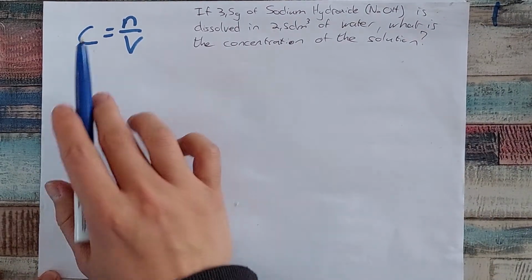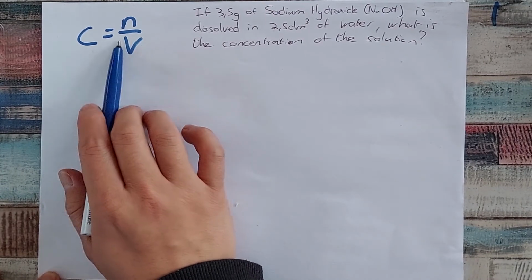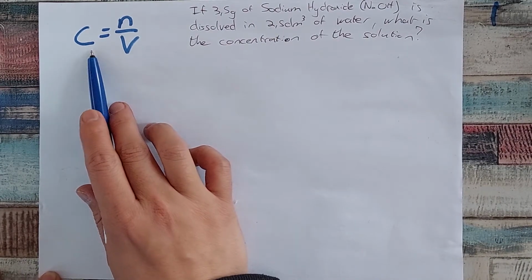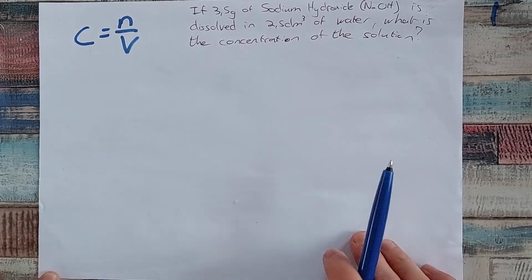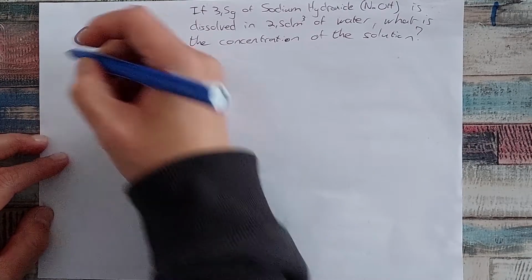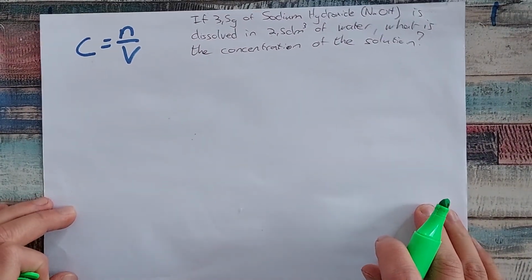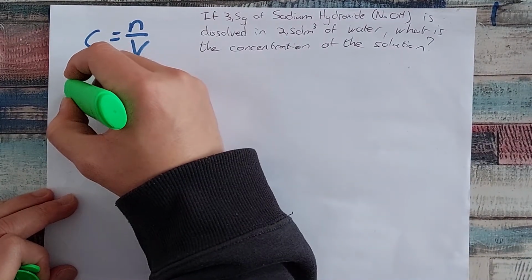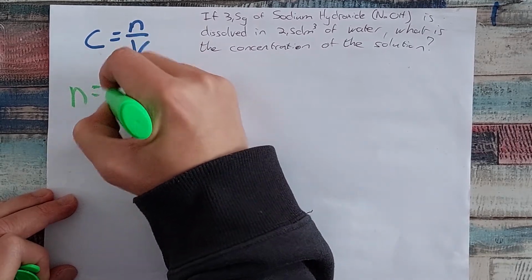Right, so I know I need to have my C, n, and V. In this question already, I've got my V, which is going to be my 2,5 dm³. I don't have C, that is what they're asking for, and I don't have n. But in the last video, we showed you how to calculate n, and we use this formula: n is equal to m over M, your mass in grams over your molar mass in g/mol.